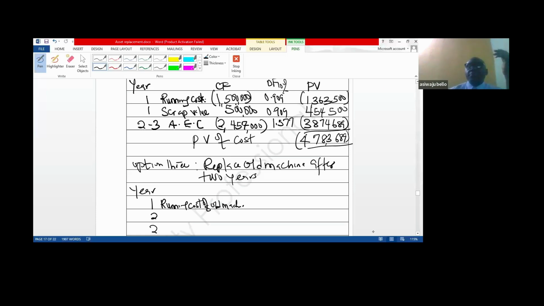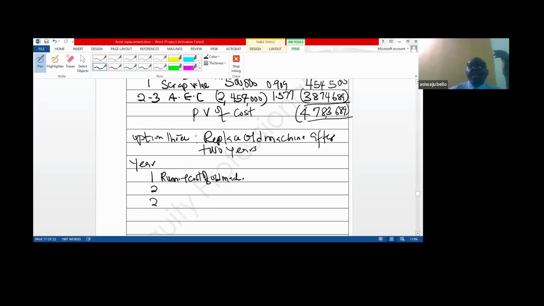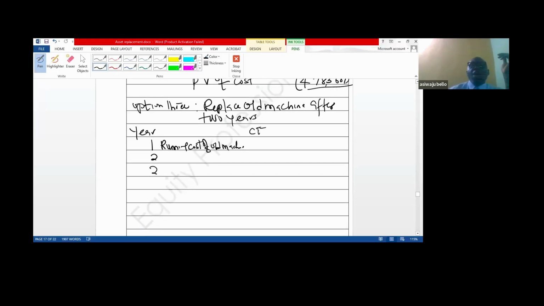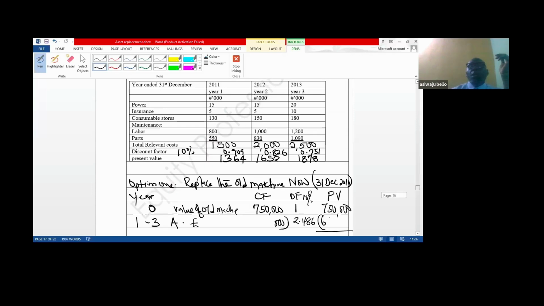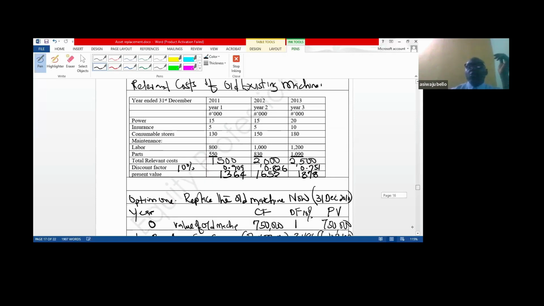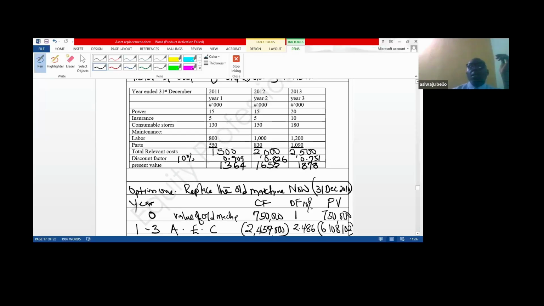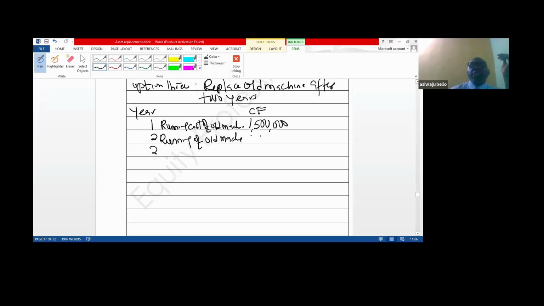So look at it again. If you want to replace after 2 years, you are going to incur a running cost of 1.5 million in year 1 and a running cost of the old machine in year 2, which is 2 million.